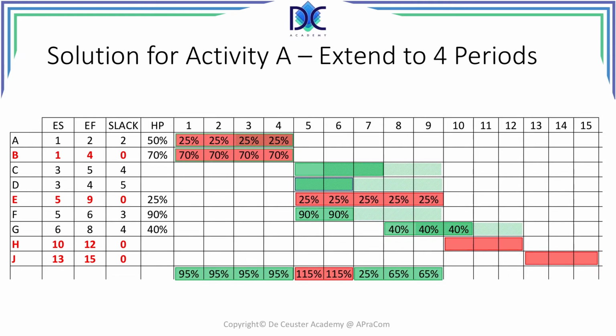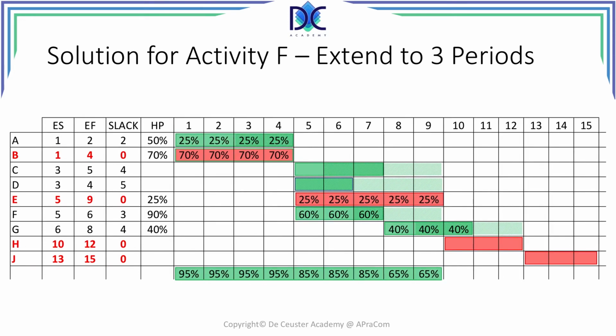Now, what to do with activity F? So let's have a look at the next slide and see how we can resolve the resource allocation problem. I decided to extend activity F with 1 period. 2 periods, each with 90%, means that the total commitment of Harry Potter over those 2 periods was 180%.